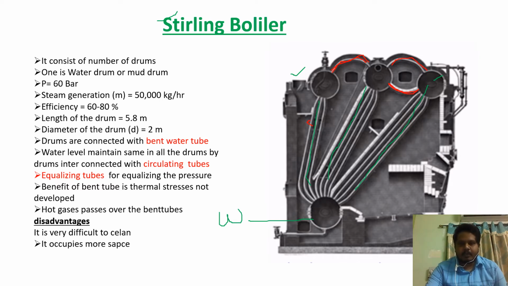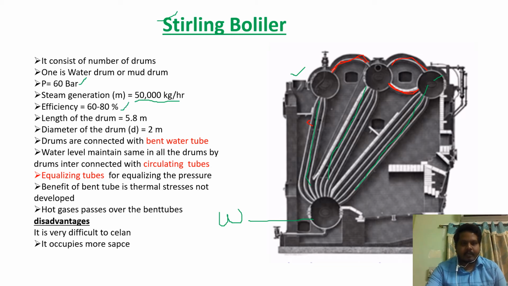Now let us see the process parameters. This boiler can give up to 30 bar pressure. Here steam generation is 50,000 kg per hour. It is a very huge steam generation. When we require a high amount of steam, we go for the Stirling boiler. The efficiency is 60 to 80%.